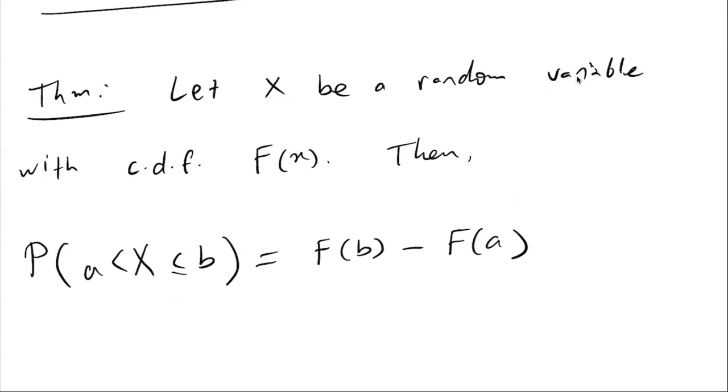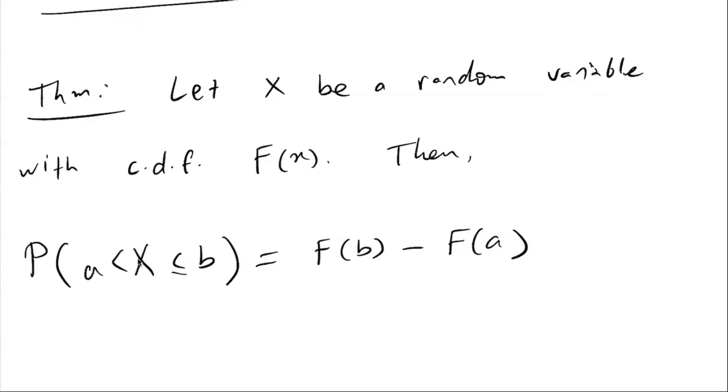So this theorem is valid whether X is a discrete random variable or a continuous random variable. In the case of continuous random variable, we saw that it doesn't matter whether we say X is bigger than A or bigger than or equal to A, or less than B or less than or equal to B, because we saw that probability that X equals a number is always 0.